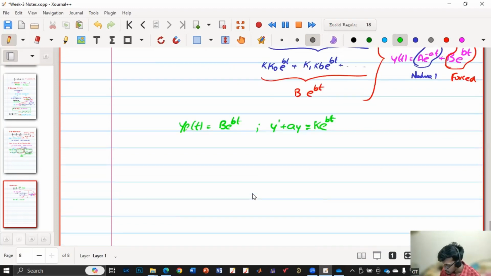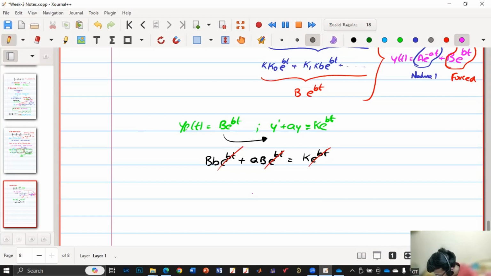Then we'll substitute and see what happens. If you substitute it in this expression, what we'll be getting is B into small b e to the power bt plus a into B into e to the power bt is equal to k into e to the power bt. So this will get cancelled. And what are we doing it for? We are solving for B. So my capital B is nothing but k by a plus b.